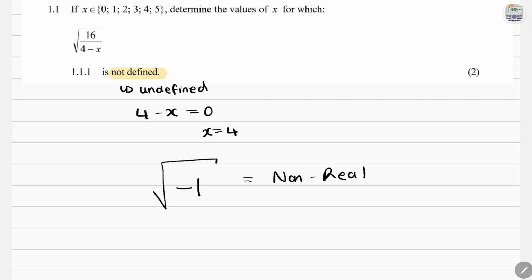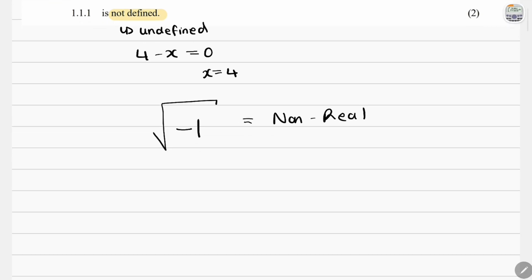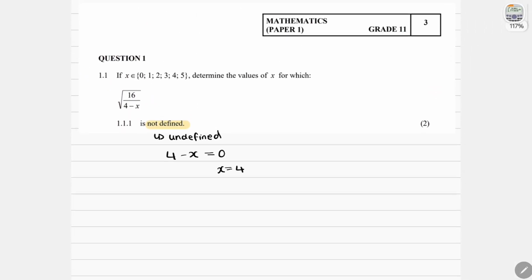But non-real numbers just occur when you square root or 4th root a negative number. So we actually can define this. When you square root a negative number, we call that i, but we don't really work with that in high school. So that is our answer.